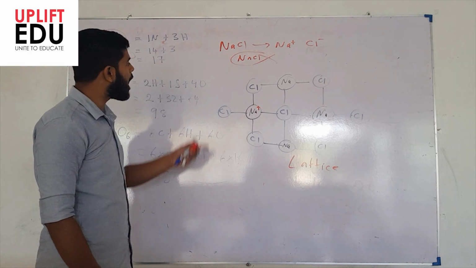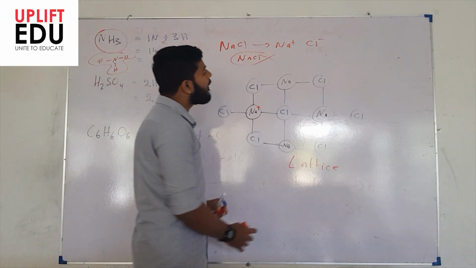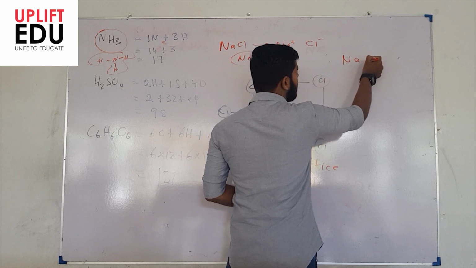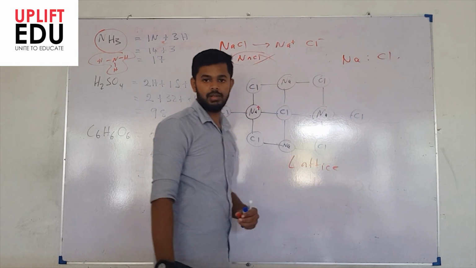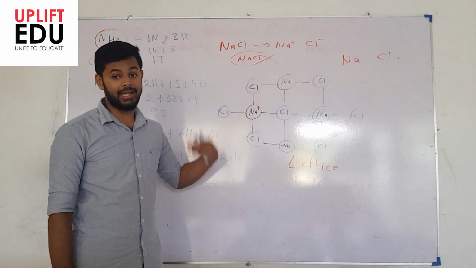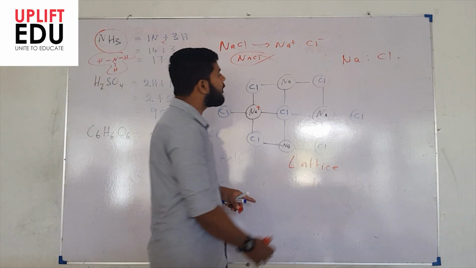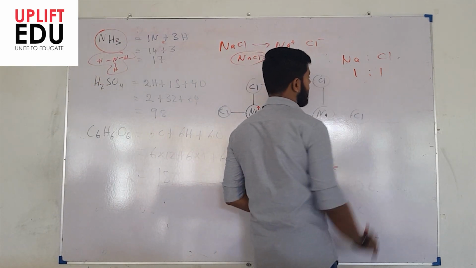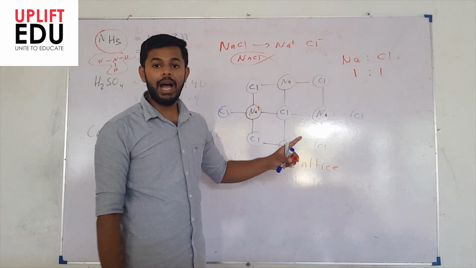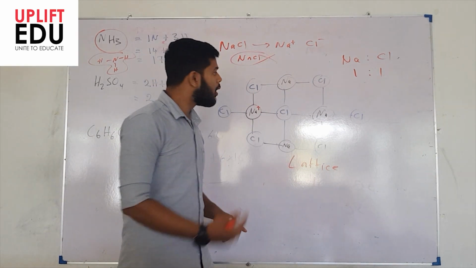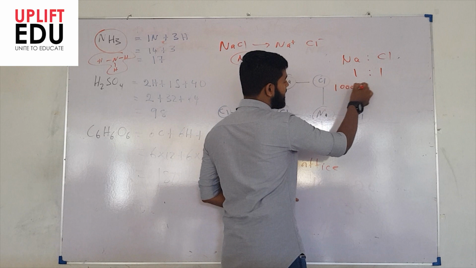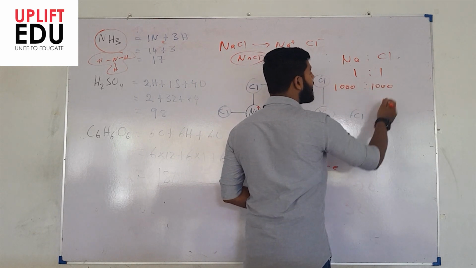So here how we write this formula is, we find the ratio between sodium and chlorine atoms, or the sodium and chlorine ions. Here in this formula we find a ratio of 1:1. That means the number of sodium ions and chlorine ions will be the same. If we have 1000 sodium ions, there will be 1000 chlorine ions as well.